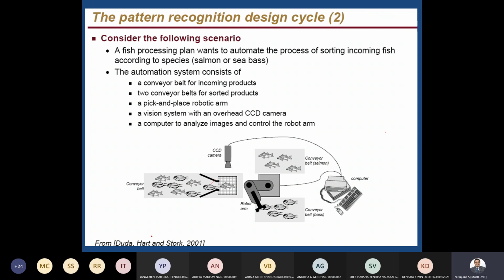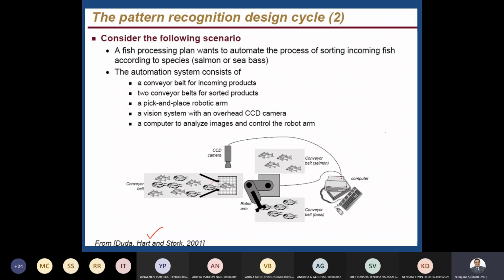This is given by Duda and Hart, one of the famous examples which most people talk about when discussing recognition systems, right? So what is the system configuration you understood? There could be some intelligent algorithm here which can do that operation control of this arm, right?